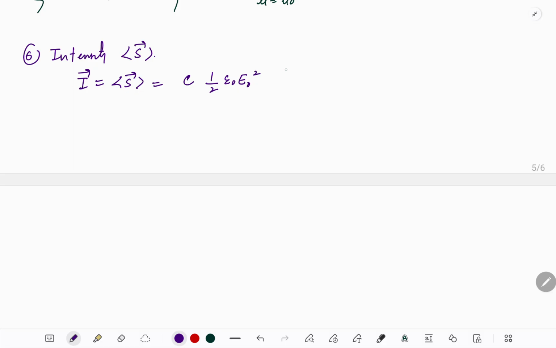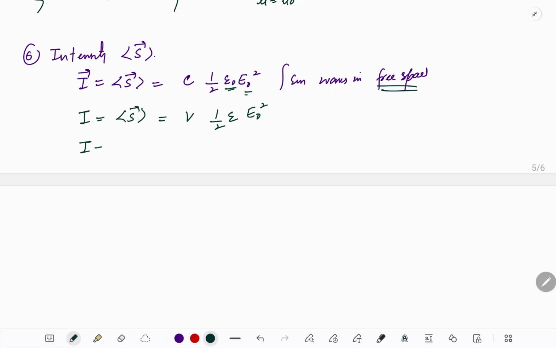This was for EM waves in free space, and now for electromagnetic waves in the dielectrics, intensity should be v times 1/2, in place of epsilon 0 we must write epsilon, E naught squared. Or, there we wrote intensity as c times the average energy density.